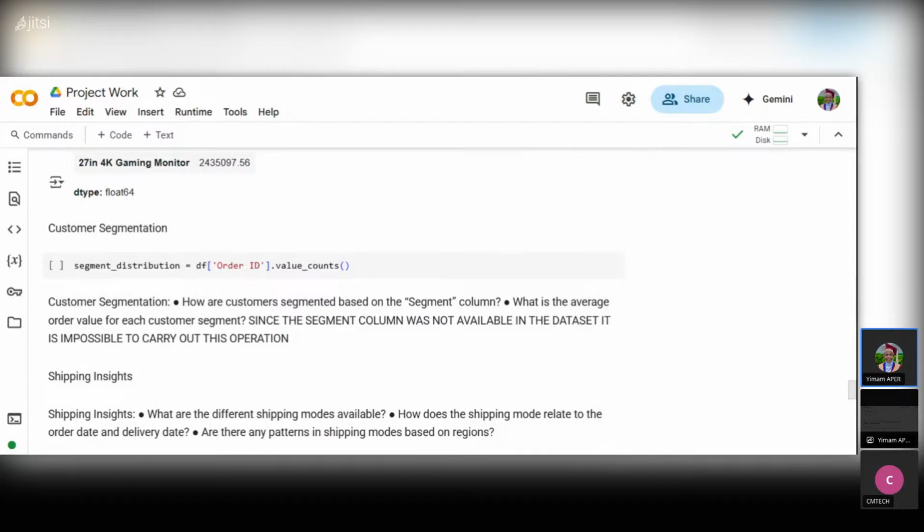customer segmentation, shipping insight. This last question, what are the different shipping modes available? This also was not given in the data set.